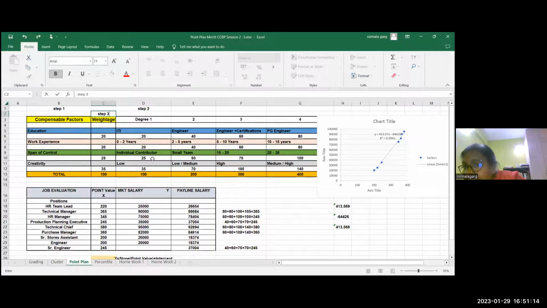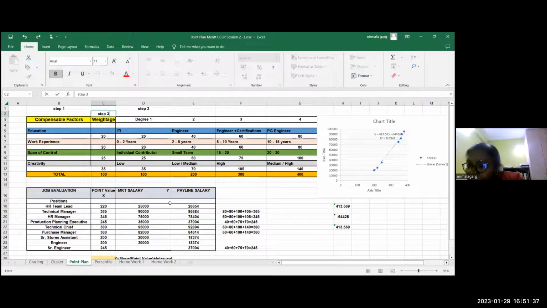Got it? I don't have to go just like a grading all in the same thing, grade 1 or grade 2 or grade 3. So that is the beauty of this point plan, that I can assign point values based on the requirement, and then come to a total point value.